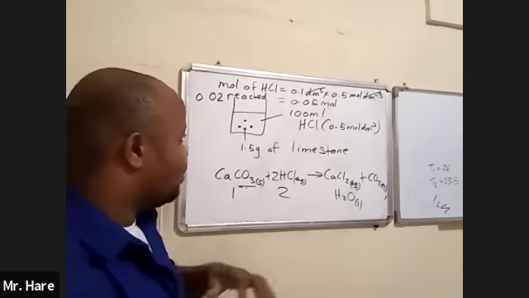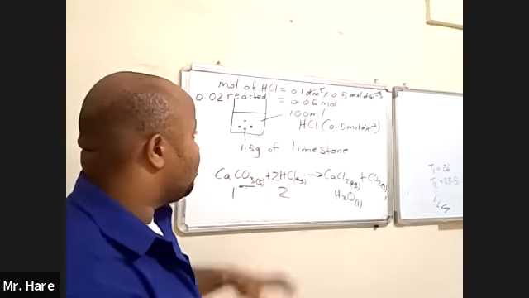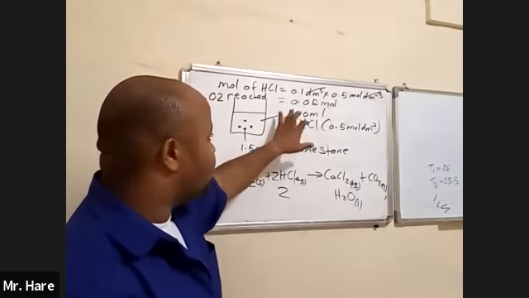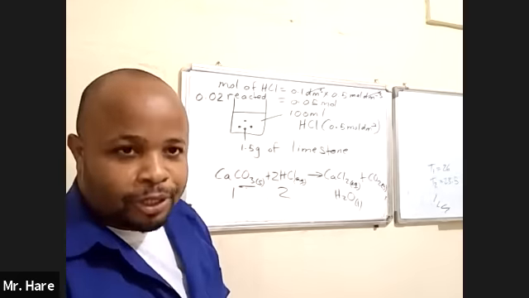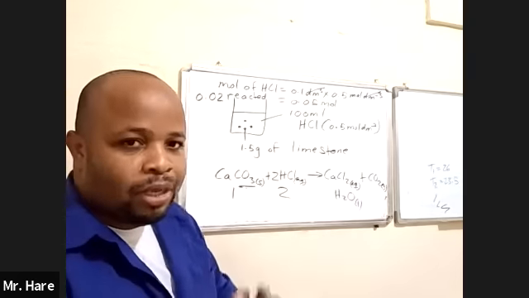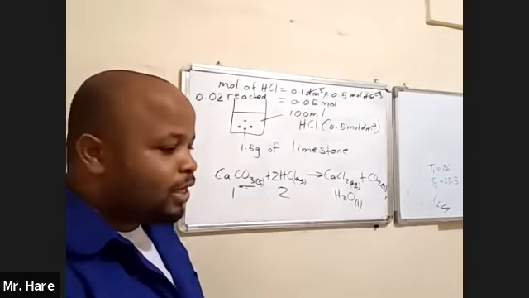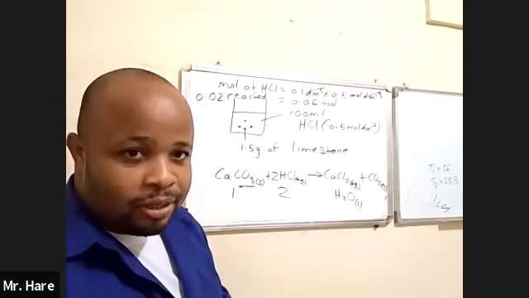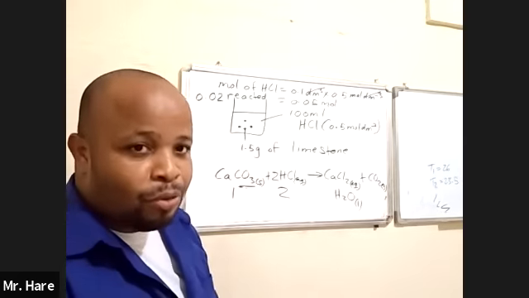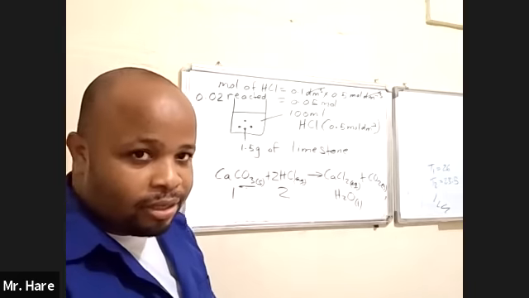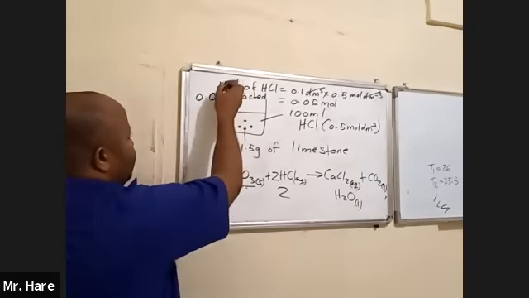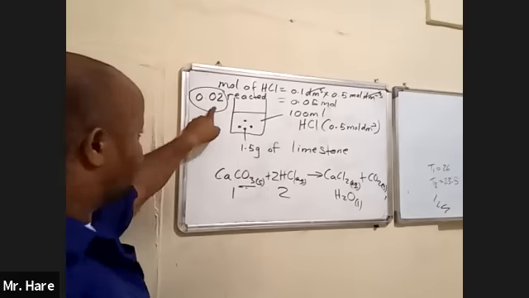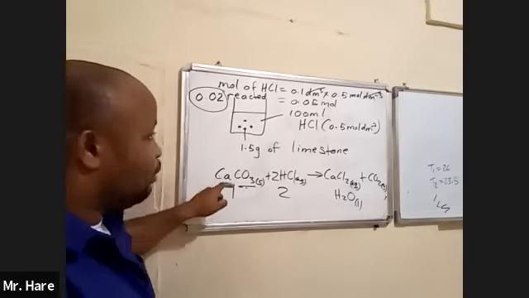All right. So we were stuck at the point where we know that we use 0.05 moles of the HCl, but it was too much, so we didn't know how much actually reacted. So I'm saying, what if there was a next procedure that allowed us to know how much actually reacted? So let us say we found out that 0.02 moles actually reacted with the calcium carbonate.